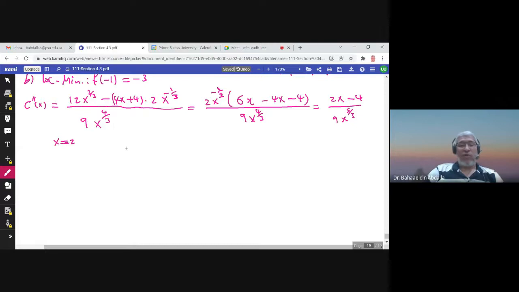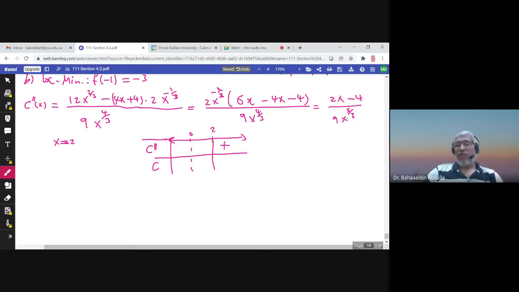And at 0 also, c prime does not exist. So this is the 0, and this is 2, and c double prime, the signs of c double prime. All right. Choose a number greater than 2. 4, for example. It would be positive.